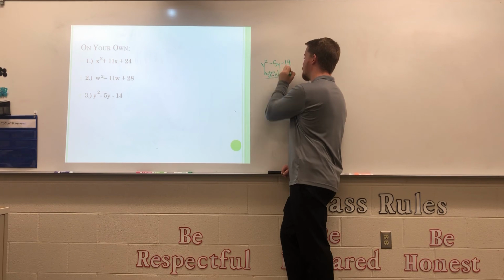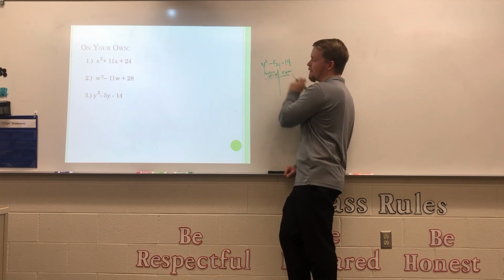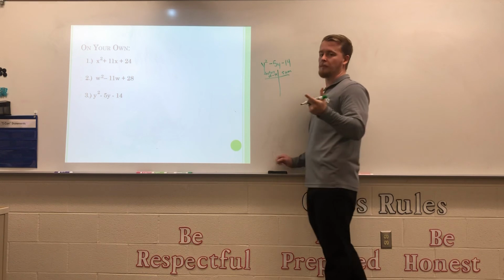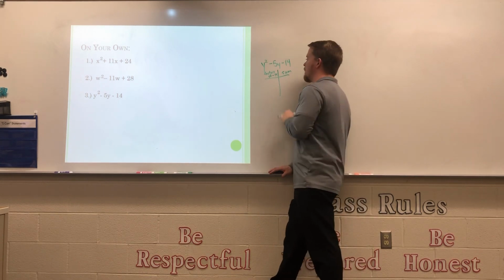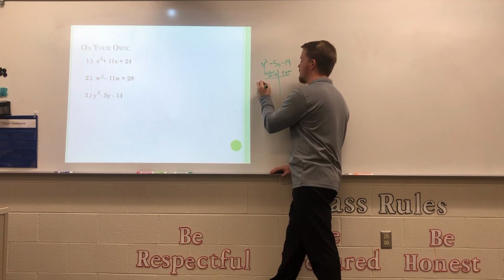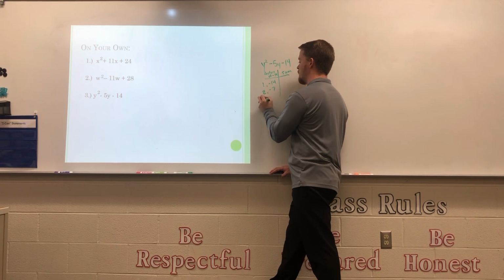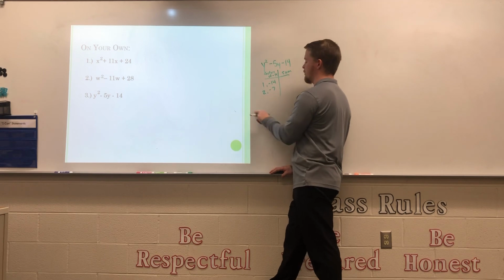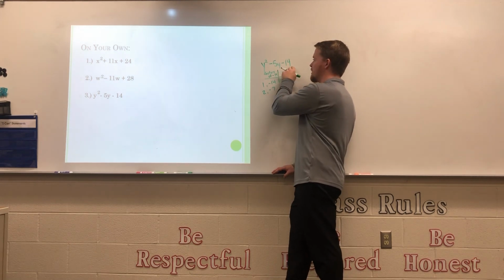But if one's positive, one's negative, this middle term being negative tells me that the larger term has to be the negative one. So, numbers that multiply to be negative 14 would be 1 and negative 14, 2 and negative 7, that would actually be it. That's all your terms that multiply to be negative 14.